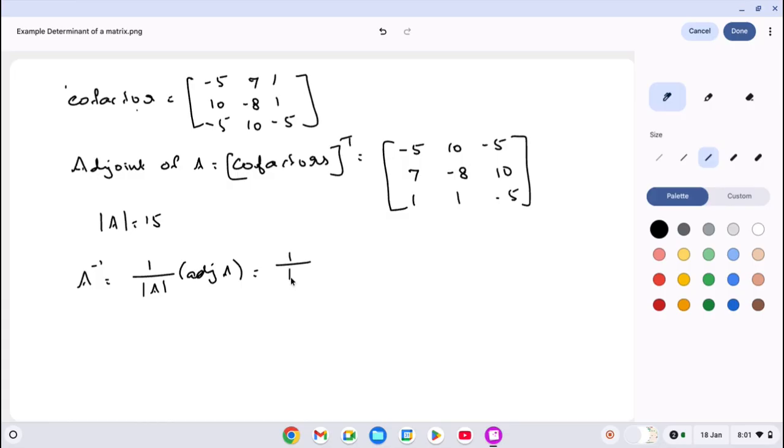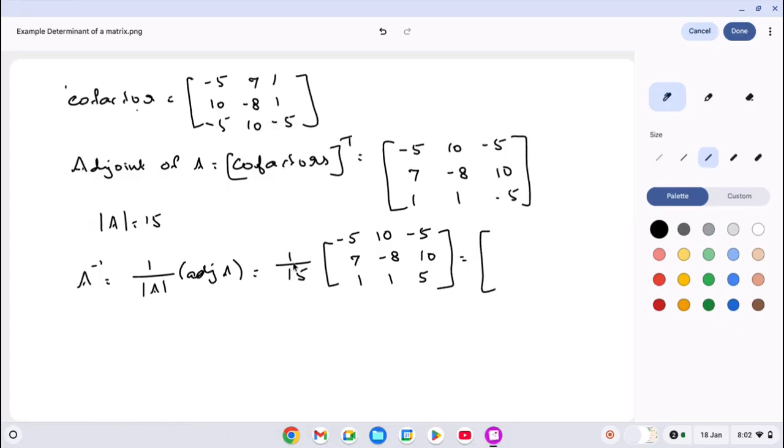So 1 by 15 into the matrix as it is: minus 5, 10, minus 5, 7, minus 8, 10, 1, 1, 5. We can end the question here itself, otherwise you have to multiply this 1 by 15 to each and every term of the matrix, because it is a scalar multiplication.